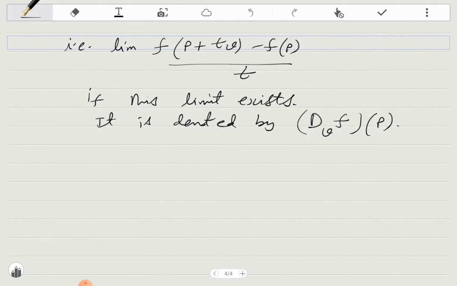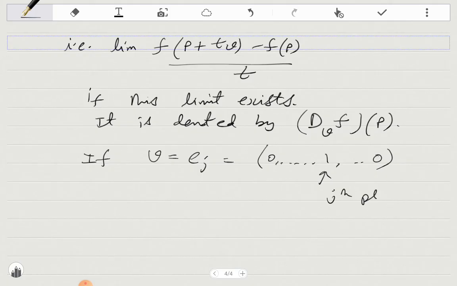Now if I take v equals, let's say, an element e_j from the standard basis, which is 0, 0, 1, 0, so this is 1 in the jth place.